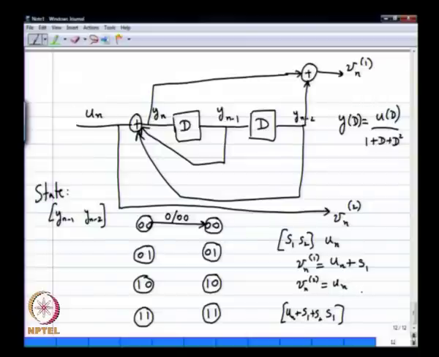This is clear, right? That is all; this is what is being implemented here. So from 0 0, if my Un becomes 1, then my output will be 1 0, no, 1 1, and then the next state will be 1 0. Is that okay?